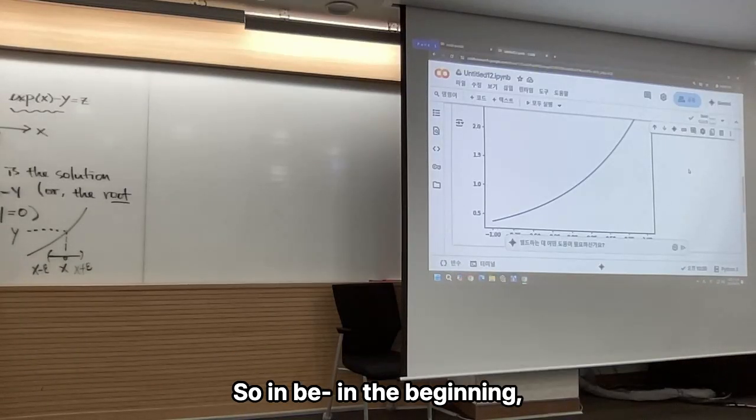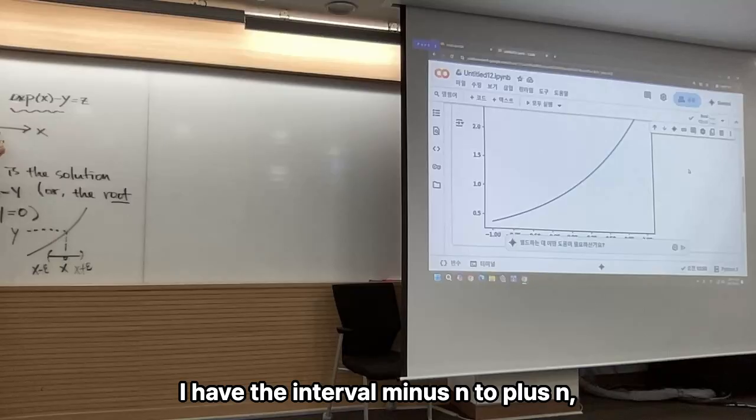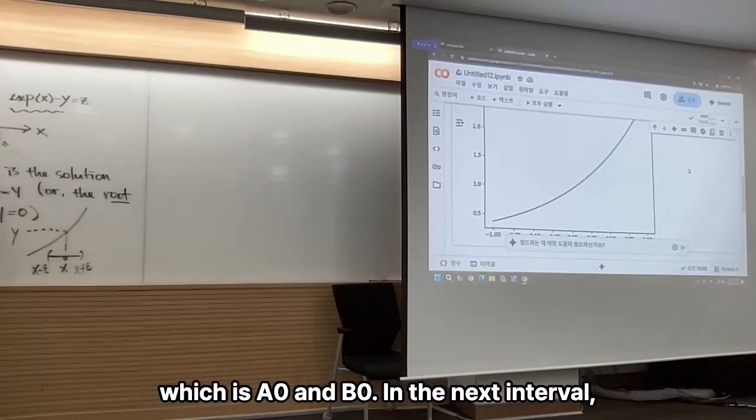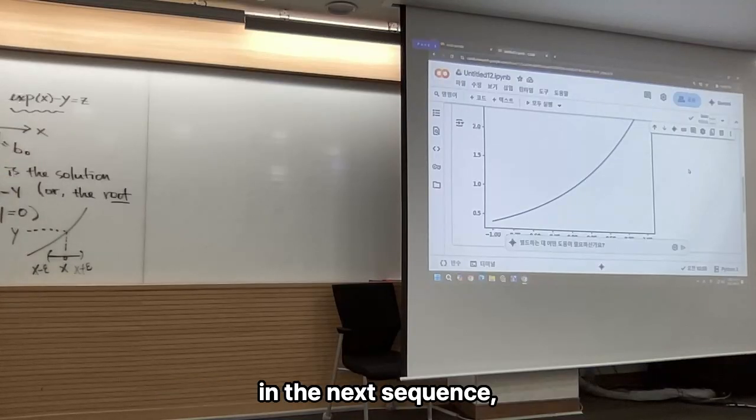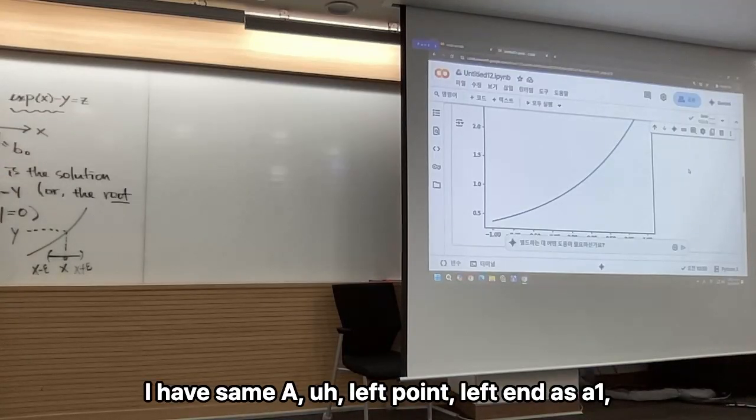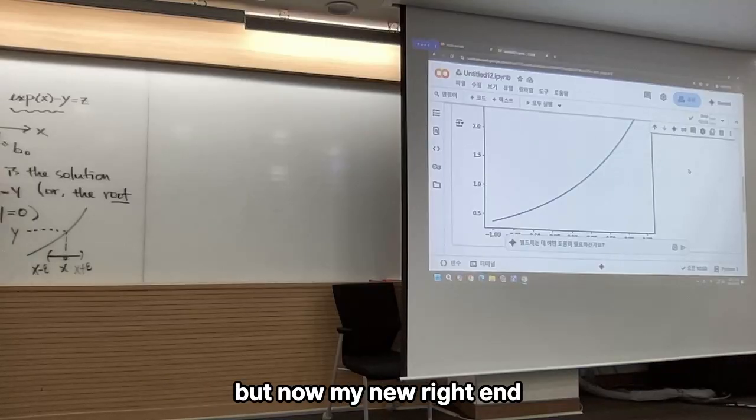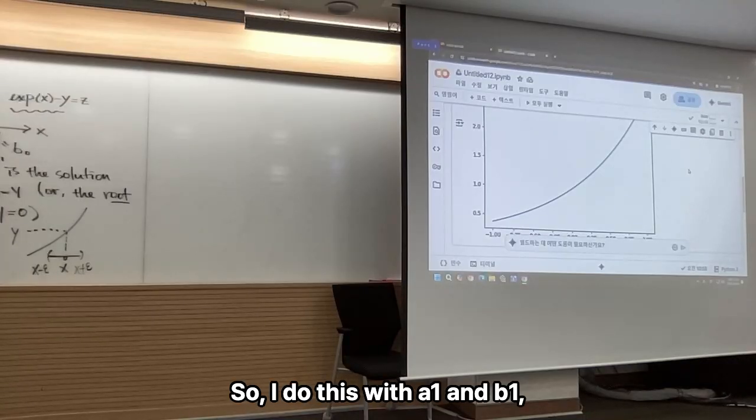In the beginning, I have the interval minus n to plus n, which is a0 and b0. In the next interval, I have the same left end as a1, but now my new right end is going to be b1, as 0 here. So I do this with the interval a1 to b1.